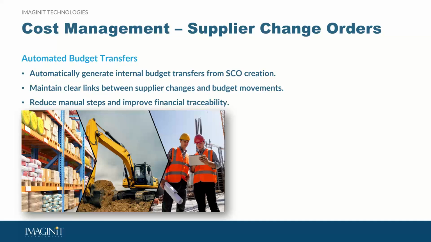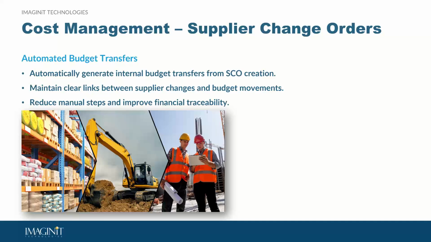What this means is that when we generate that supplier change order, the system will automatically create an internal budget transfer. We don't have to do that in a manual step afterwards.